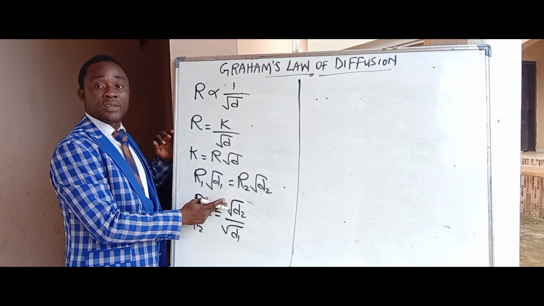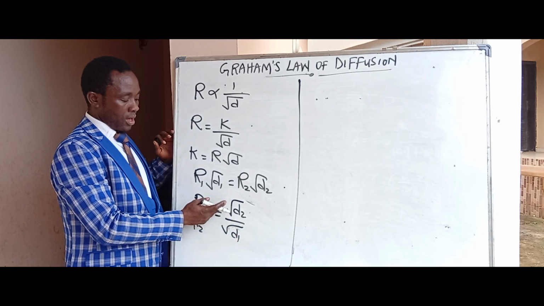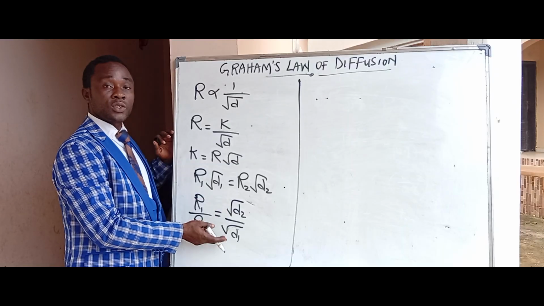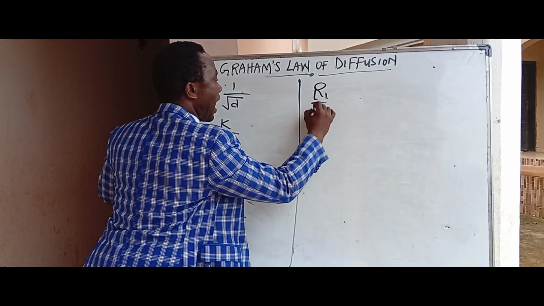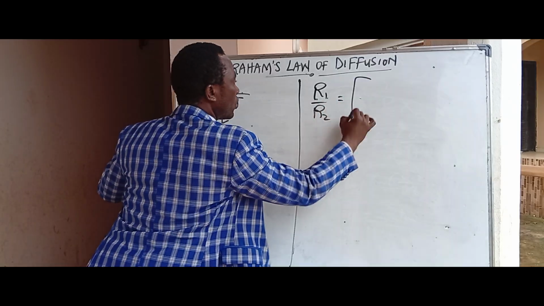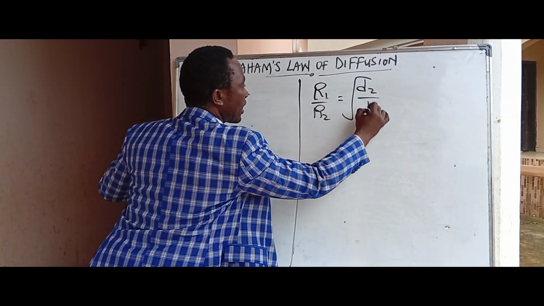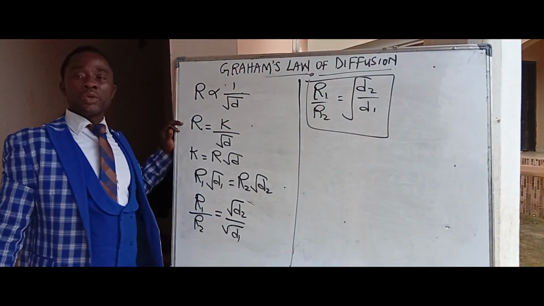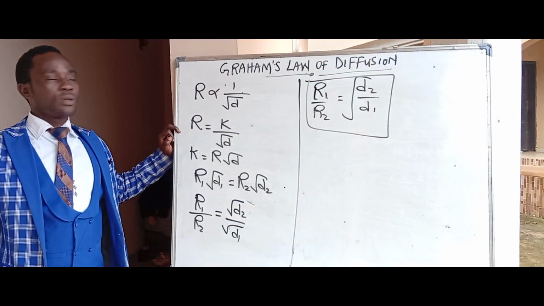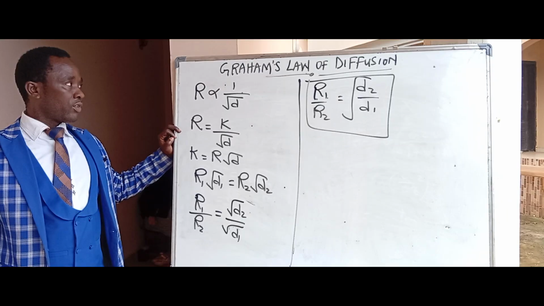Now, since this has the same roots, they can take a common root. That means R1 over R2 will be exactly equal to root D2 over D1. So this is the equation we use to calculate questions on rate of diffusion, Graham's law of diffusion.